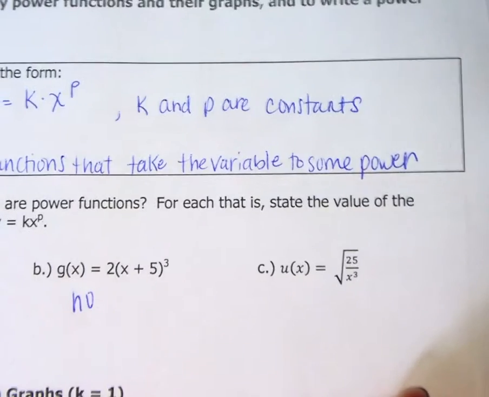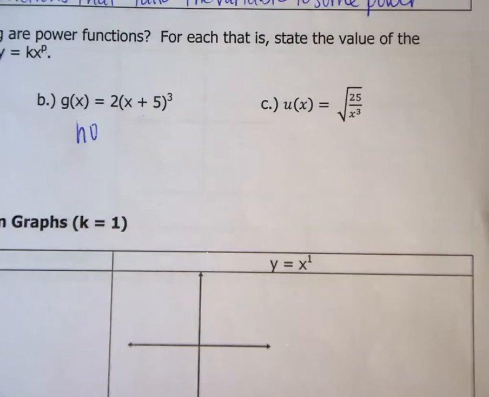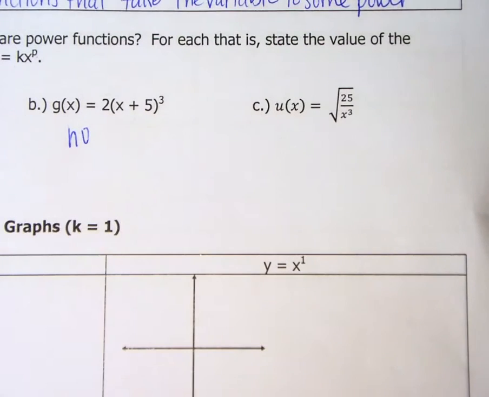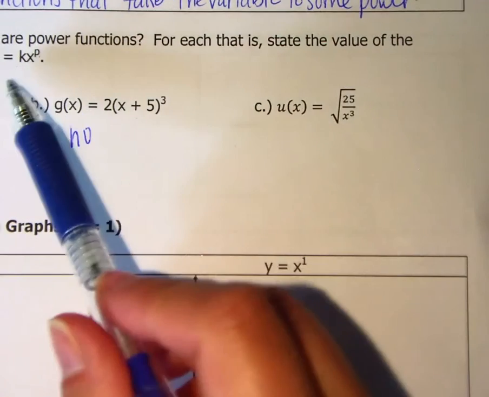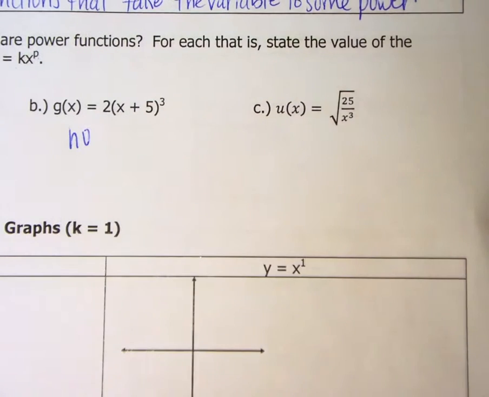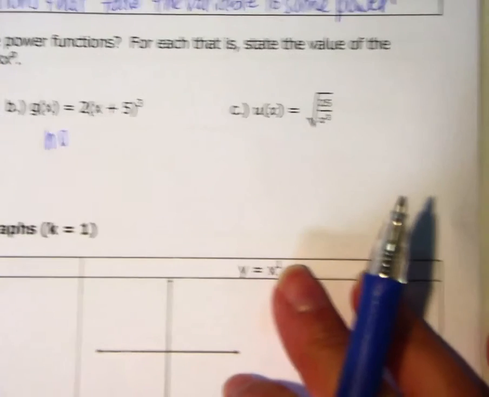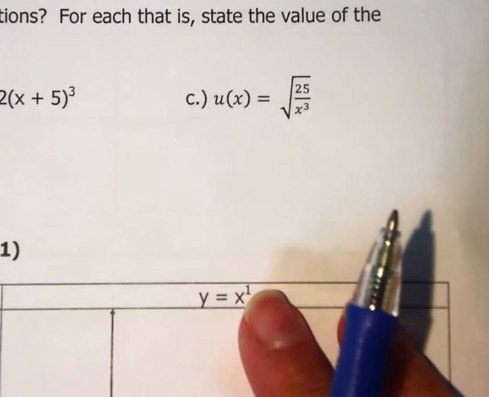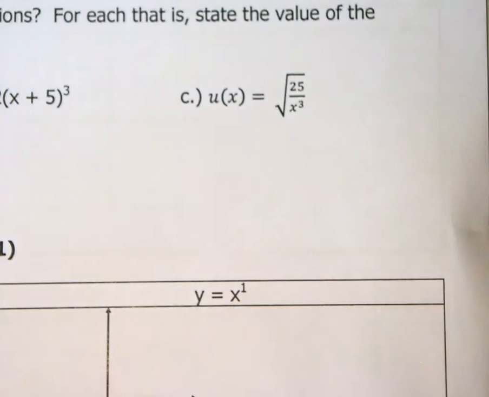What about the next one? Can I somehow rewrite this in the form y equals k times x to the p? What do you see here that we can maybe work with?